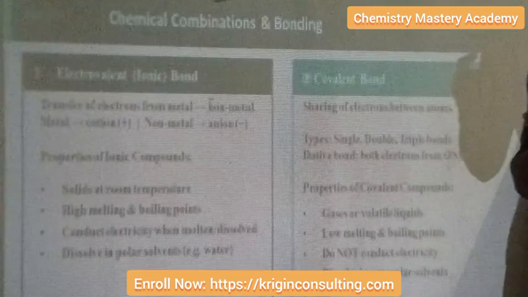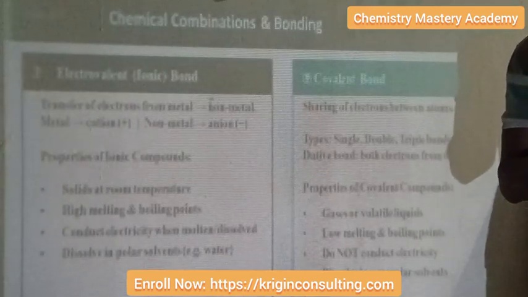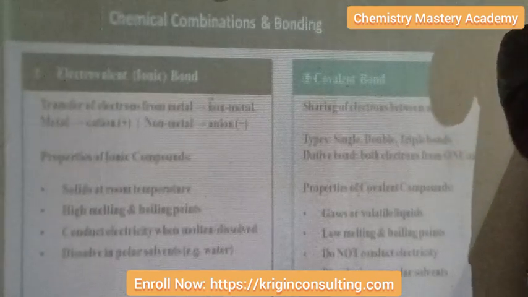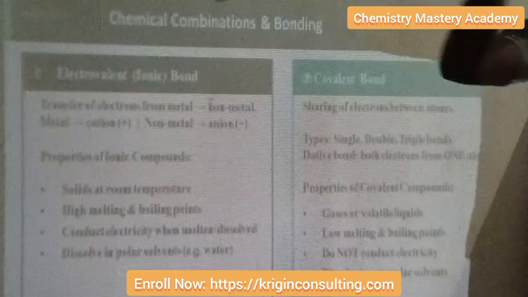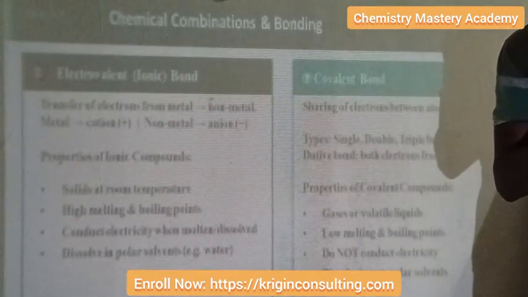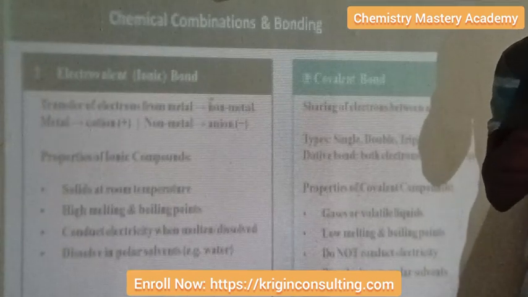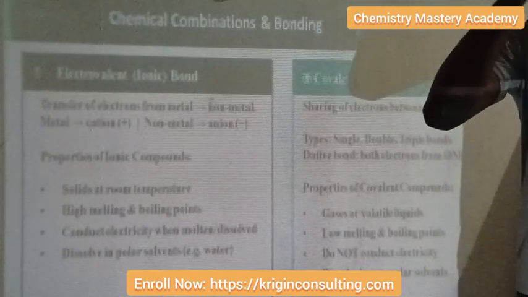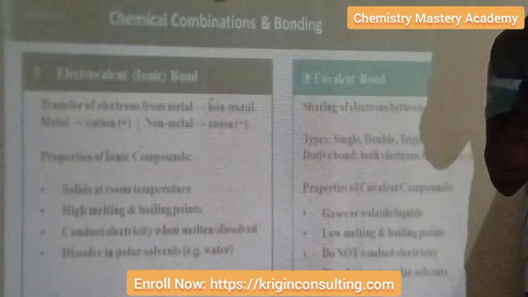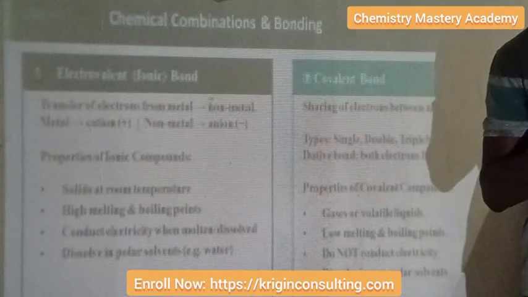So in electrovalent bonding, you have one element taking electrons from its last shell and sending them to the last shell of another element. That element that is doing the transfer of those electrons is called a metal.